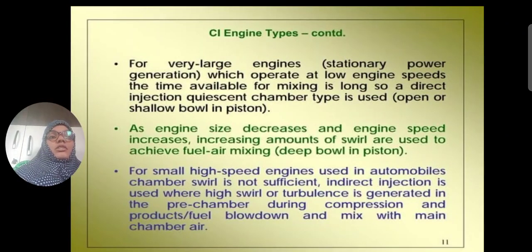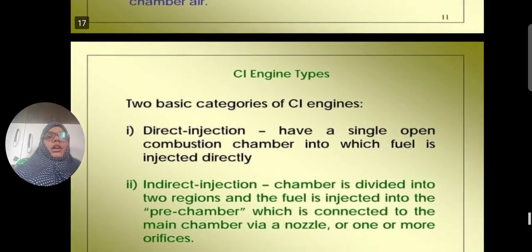As engine size decreases and engine speed increases, increasing amounts of swirl are used to achieve fuel-air mixing, with a deep bowl in the piston. For small high-speed engines used in automobiles, swirl alone is not sufficient. Indirect injection is used, where high swirl or turbulence is generated in the pre-chamber during compression and the fuel products blow down and mix with the main chamber air.